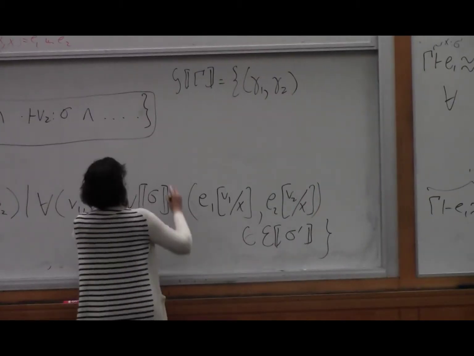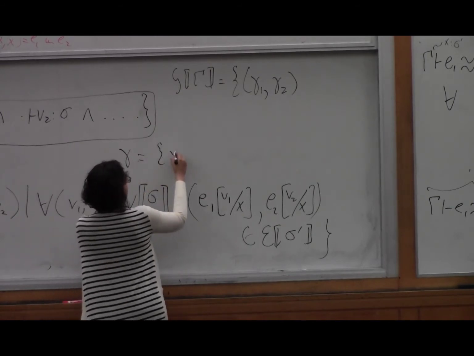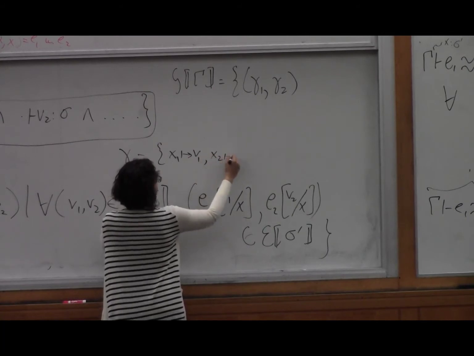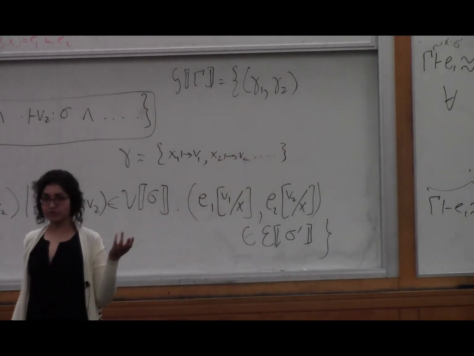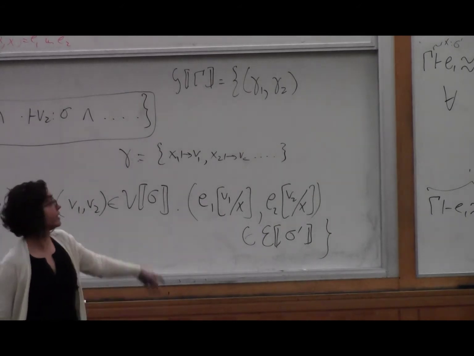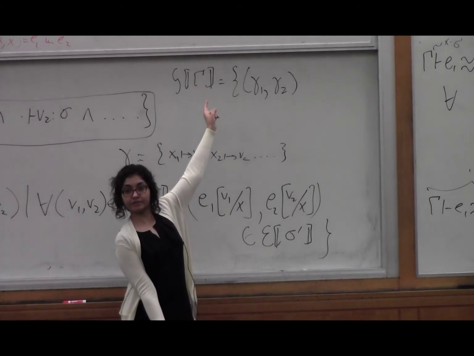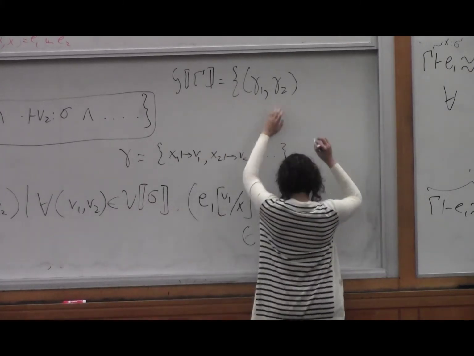What are little gamma 1 and gamma 2? Gamma is going to be something of the form x1 maps to v1, x2 maps to v2, etc. It's just a series of bindings. It's a substitution. It maps variables that are going to be in this environment to values of the right type.